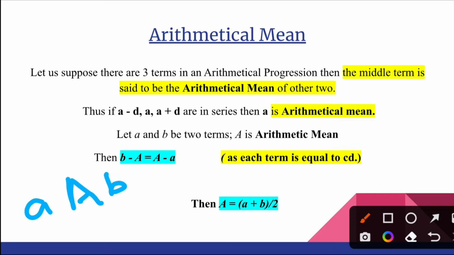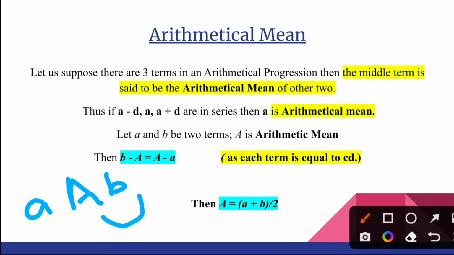So when you subtract small a from this term, you have a common difference. When you subtract this term from b, you are again left with a common difference. So the common difference for each term is equal, as I have already told you in the previous video.